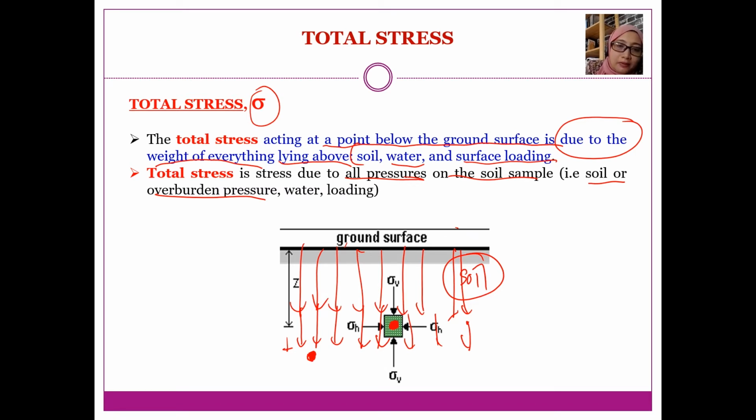If you have any loading on top of the ground surface, such as a structure, it will also contribute to the total stress, because the load from the structure will be transmitted to the ground surface, and then from the ground surface into the soil underneath.